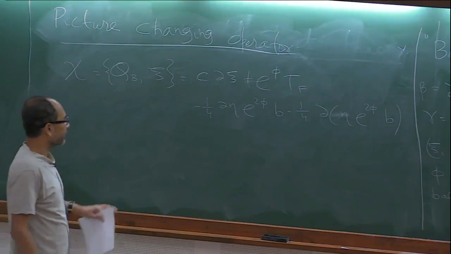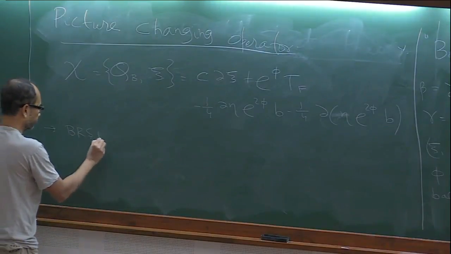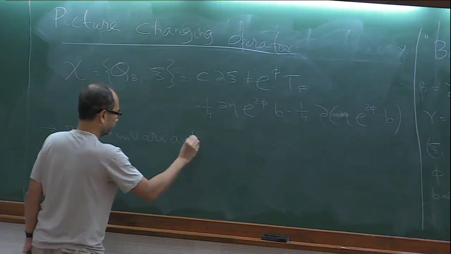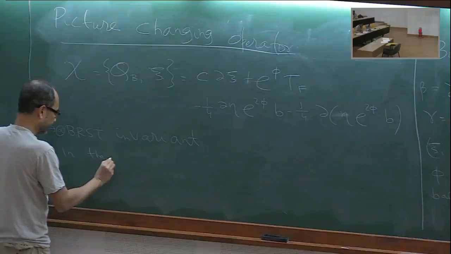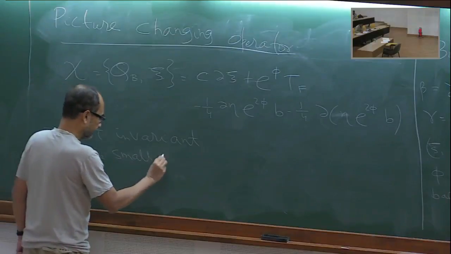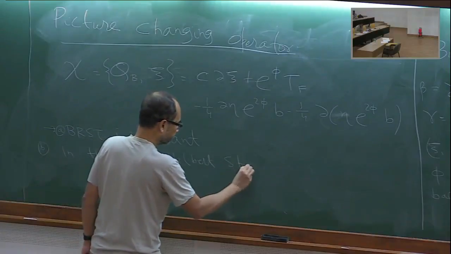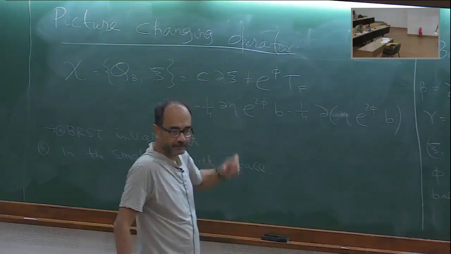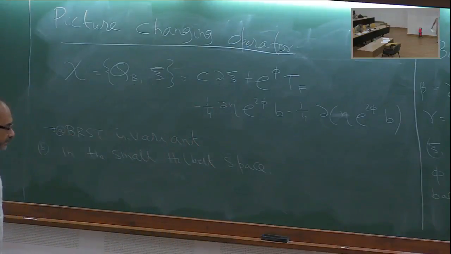Okay. So the first thing to notice is that this is BRST invariant. Second, it's in the small Hilbert space, because as you can see, it depends on Xi only through its derivative. There is no explicit factor of Xi, even though here it looked like there is an explicit factor of Xi.